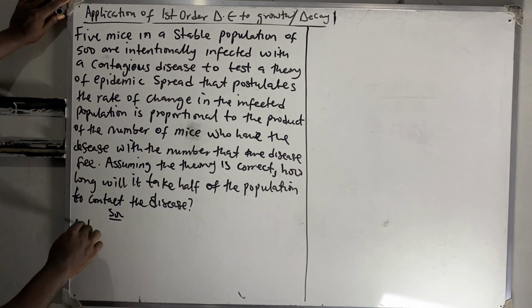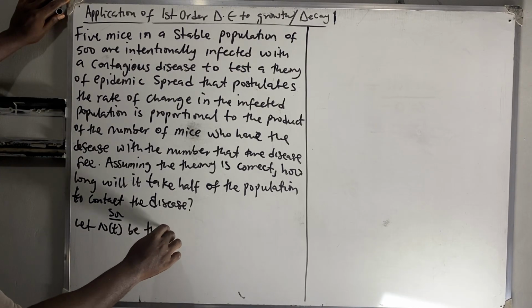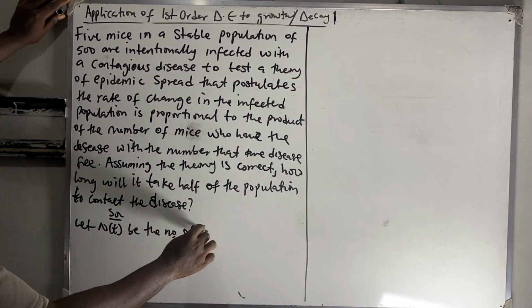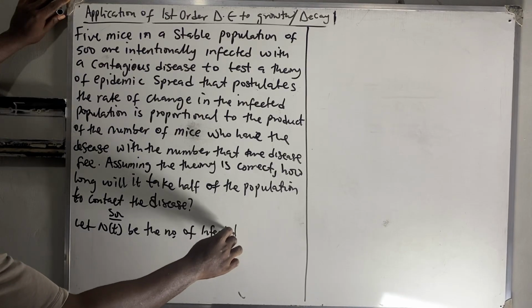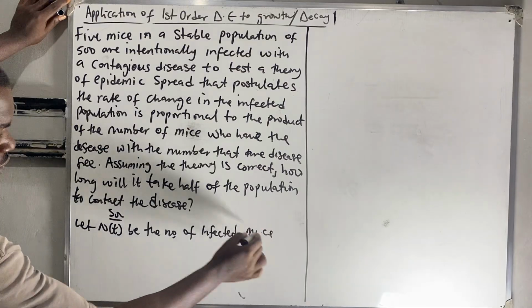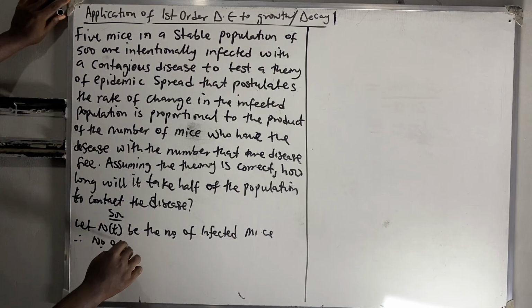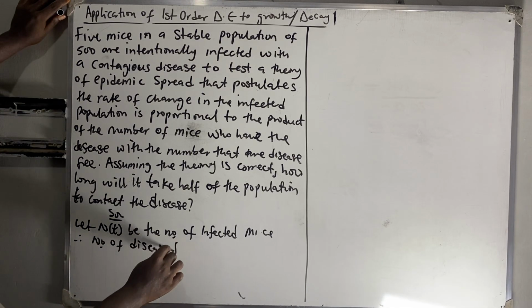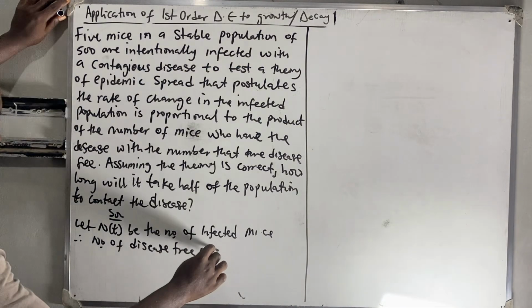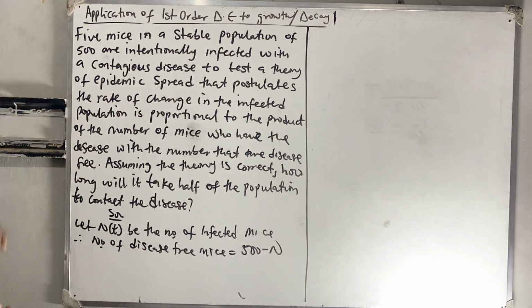Let N(t) be the number of infected mice. So this implies that the number of disease-free mice will now be the total population 500 minus those that are infected.